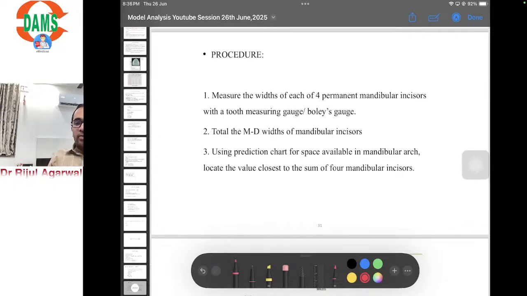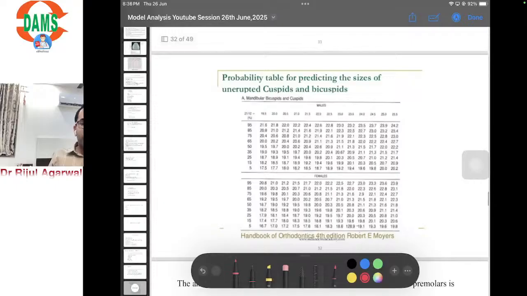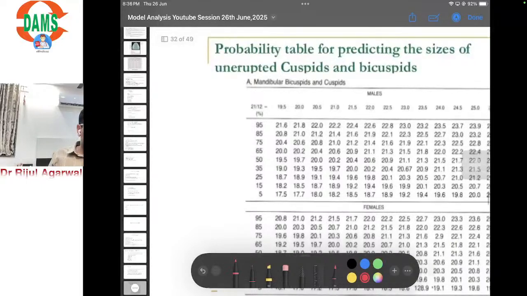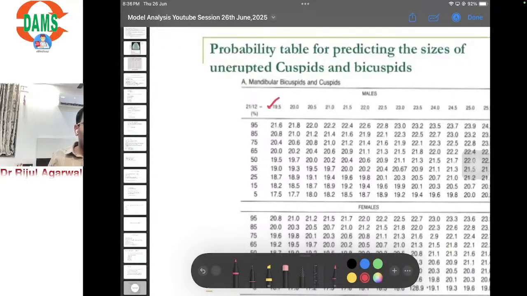So what is the procedure? As usual, measure the mesiodistal width of the 4 permanent incisors, add them, and using the prediction table find their values. Supposedly the sum comes out to be 19.5. He has given the table separately for males and females, for maxilla and mandible.